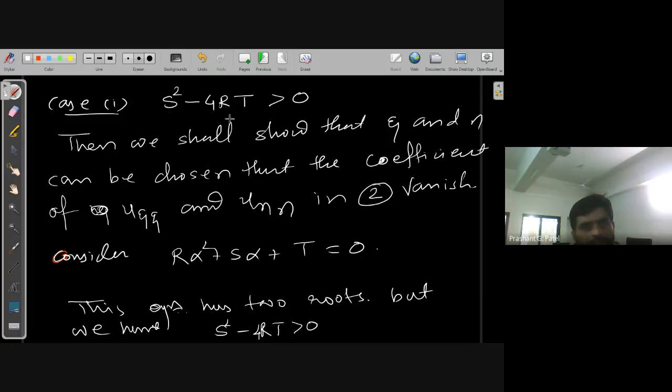That is our condition we have taken. So that's why this quadratic polynomial has two real roots. In fact, two distinct real roots we have.